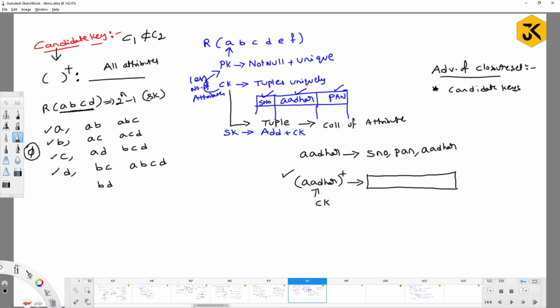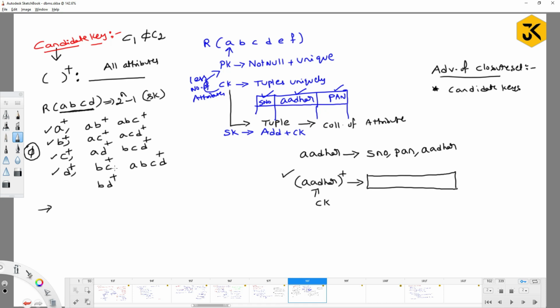But if somebody asks you to find out the candidate keys, what you have to do? You have to find out the closure of A, closure of B, closure of C, closure of D, and so on. You have to do the closure for all the things. But when you are trying to do it, you will eliminate some things, right? Basically, you have to do the closure for all the things.